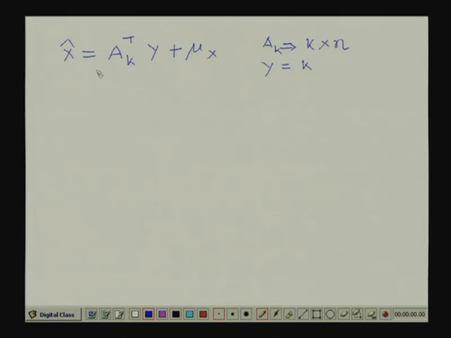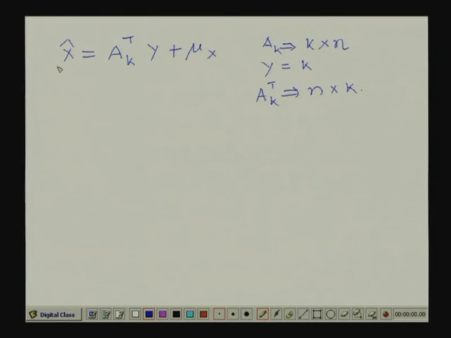When I take A_k transpose, it becomes of dimension n by k. Now, if I multiply this matrix A_k transpose, which is of dimension n by k, by this vector y, which is of dimension k, obviously I get a vector which is of dimension n by 1.